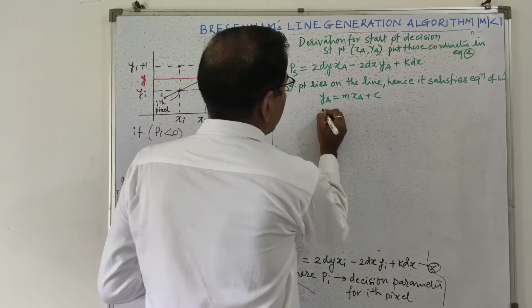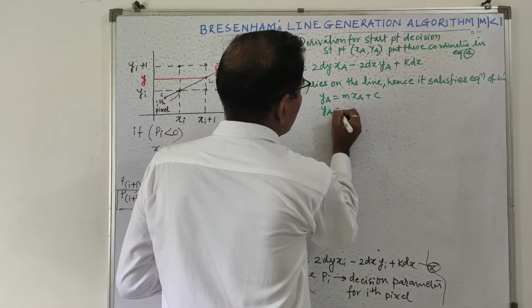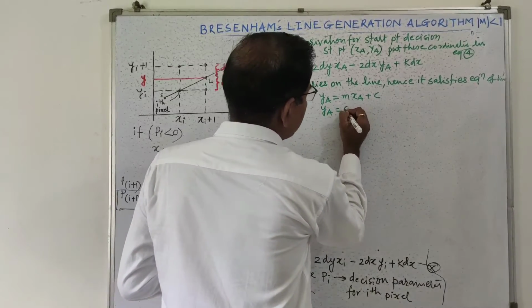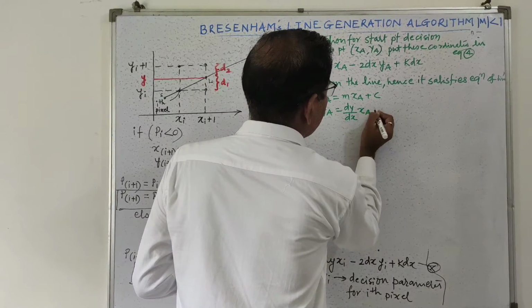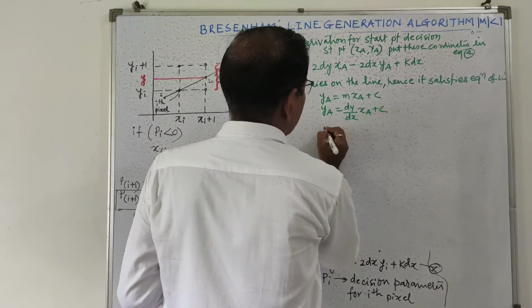Now replace m by dy by dx, ya equal to dy by dx into xa plus c.